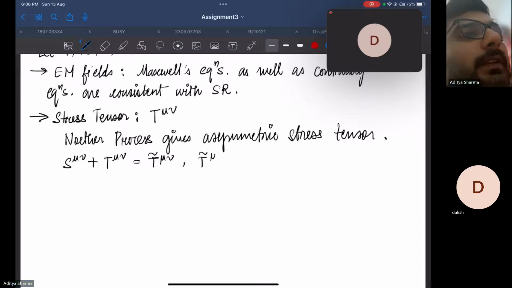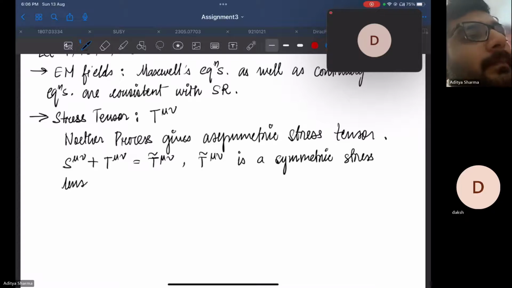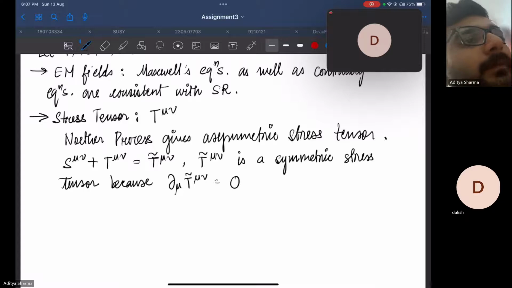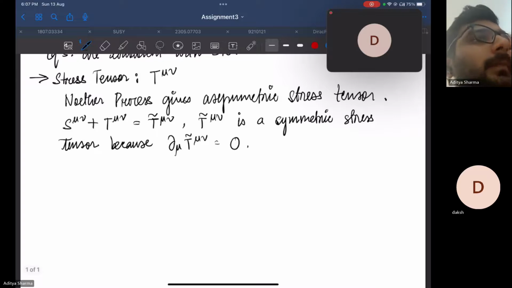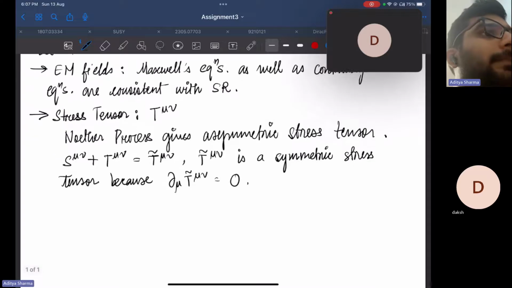This is a symmetric stress tensor, because it satisfies this equation. This is what we saw in lecture 10.